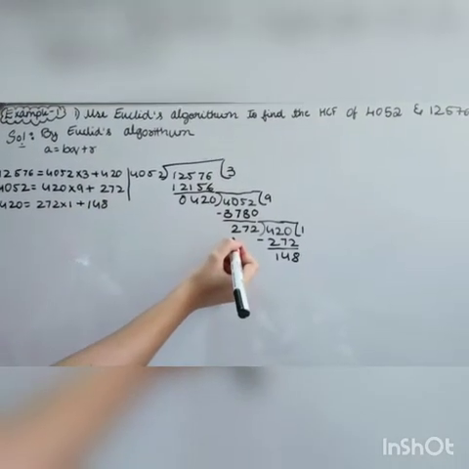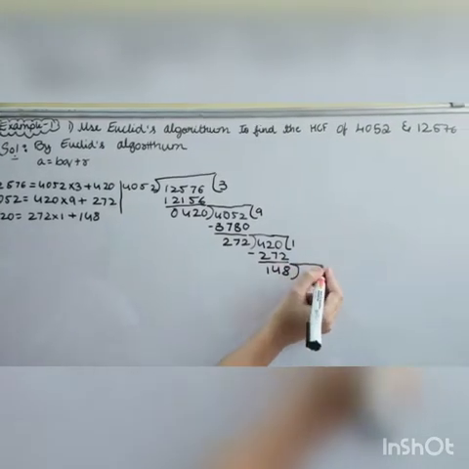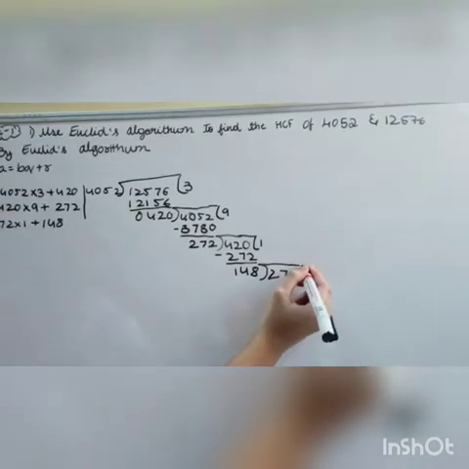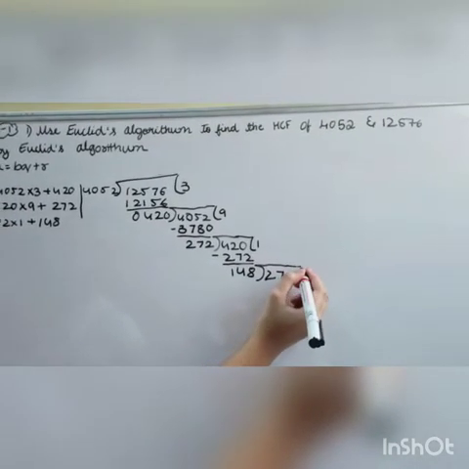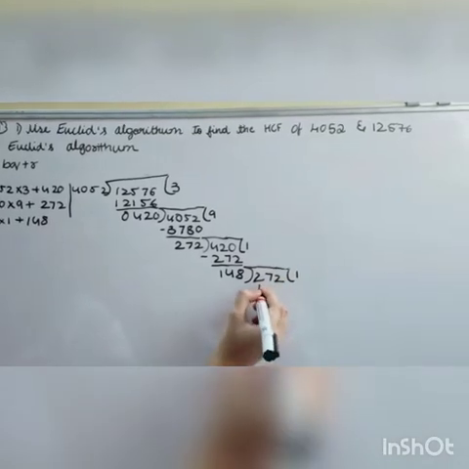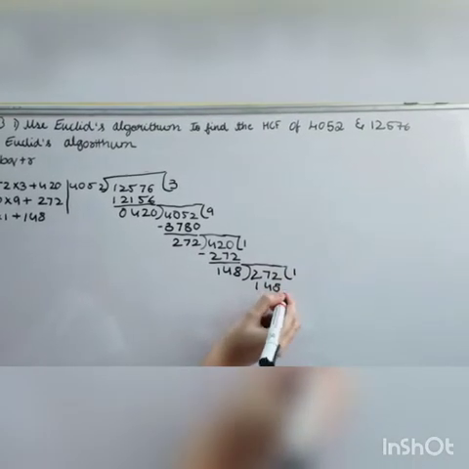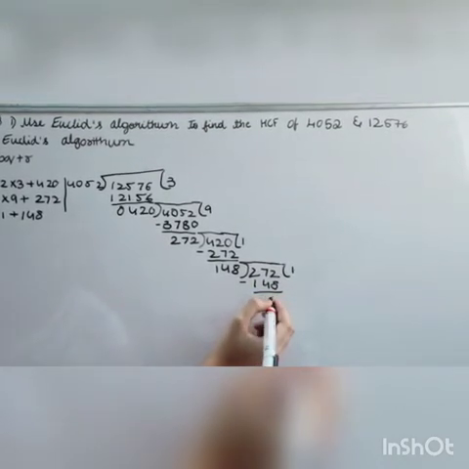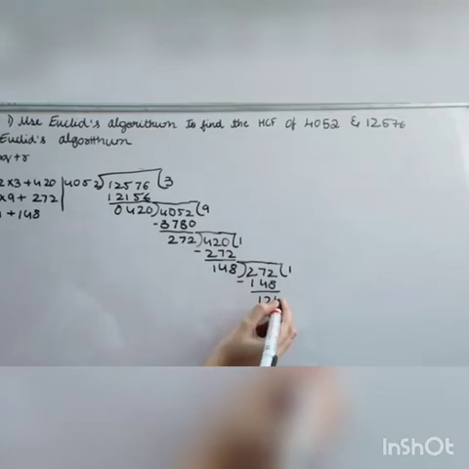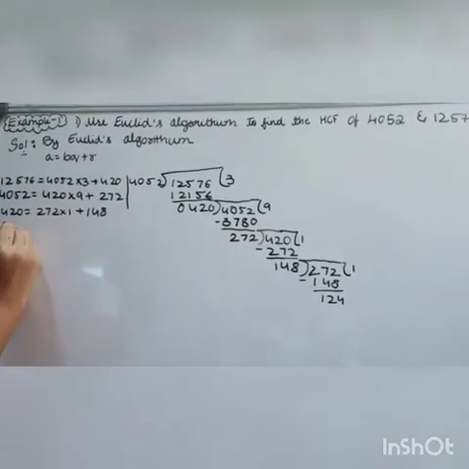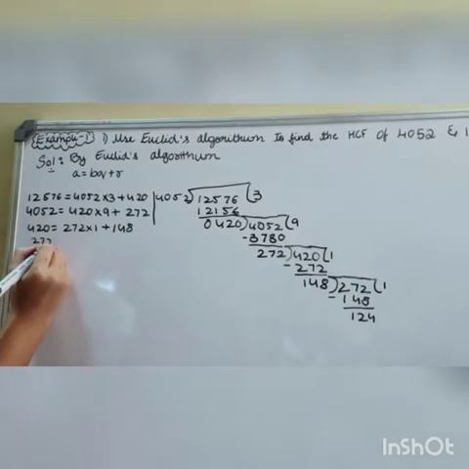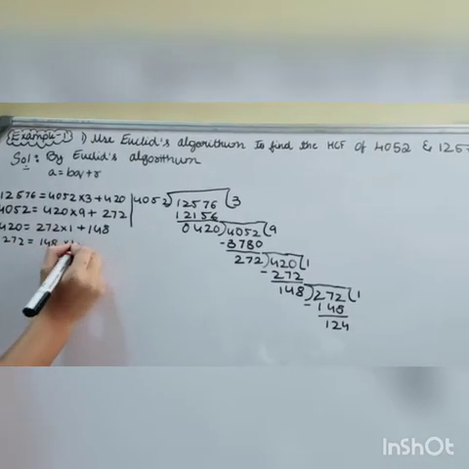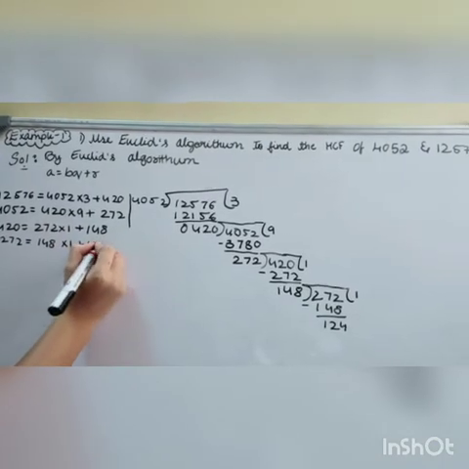So this 272 will come here. Now here I'll multiply it with 1 and I'll get 148 here, and if we subtract these numbers, we'll get 124. So we can write 272 as 148 into 1 plus 124.